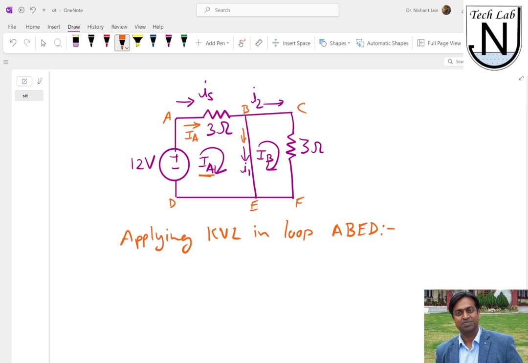Through this branch we have two currents. One is IA, that is flowing in the downward direction, and we have IB also, that is flowing in this direction.